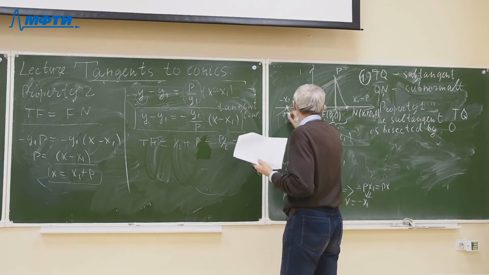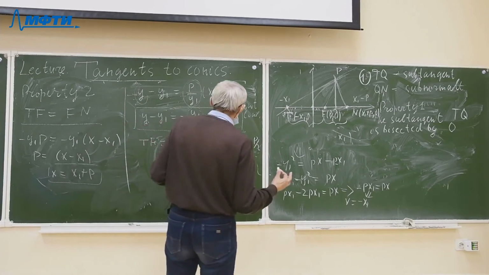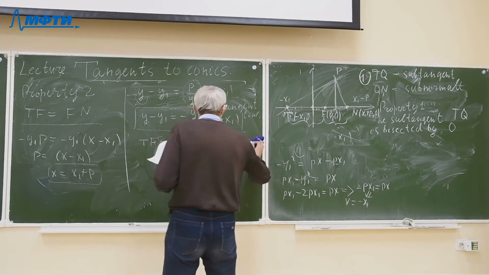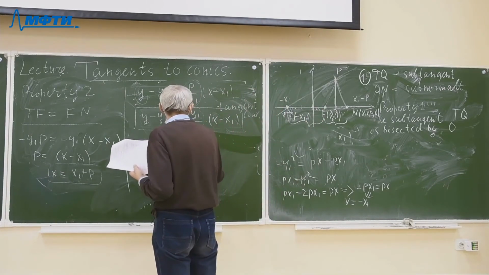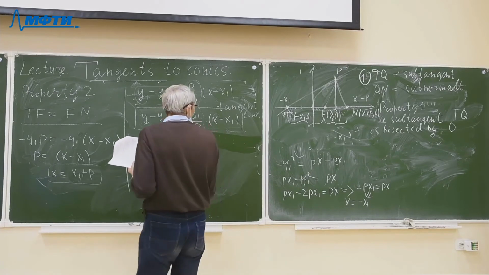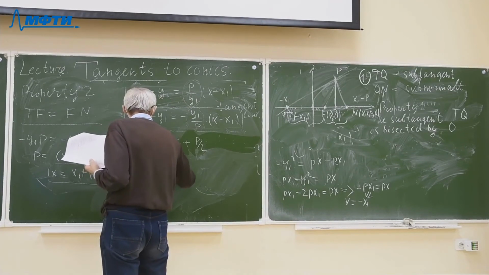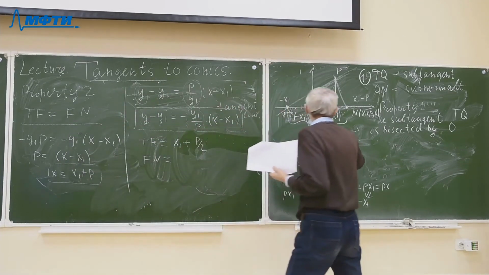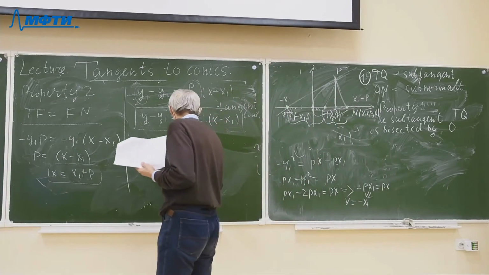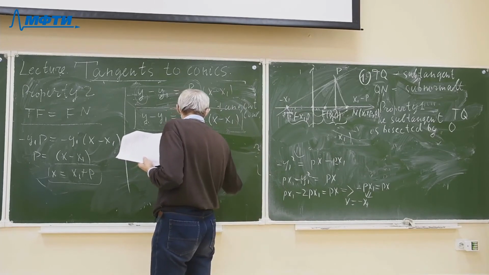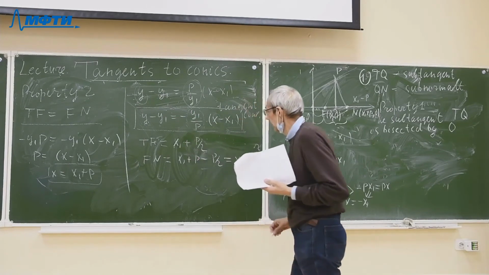And this distance TF is equal to x1 plus p divided by 2, and the distance FN is equal to the difference between values of the first coordinate, x1 plus p minus p divided by 2, equal to x1 plus p divided by 2.